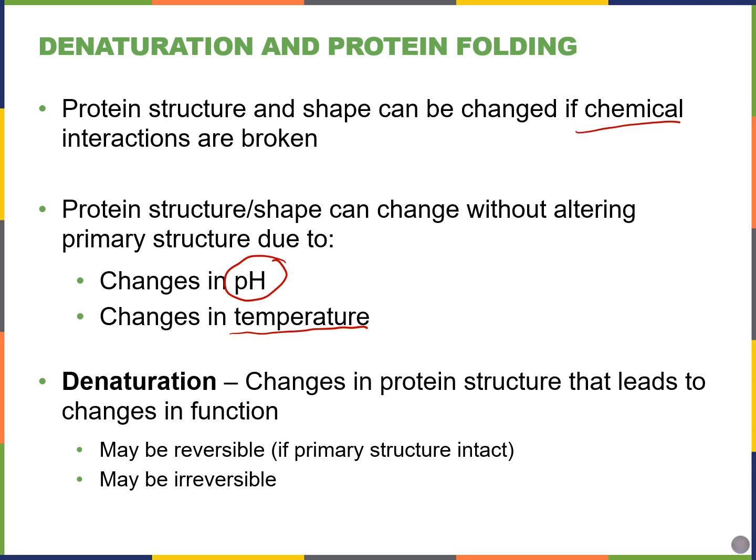Changing the shape, or unfolding or losing that three-dimensional shape, we call denaturation. Changing the shape of the protein is usually detrimental to that protein because it can no longer function properly. In some cases, it will be reversible as long as that primary sequence of amino acids is still there, but in some cases, it's not reversible.